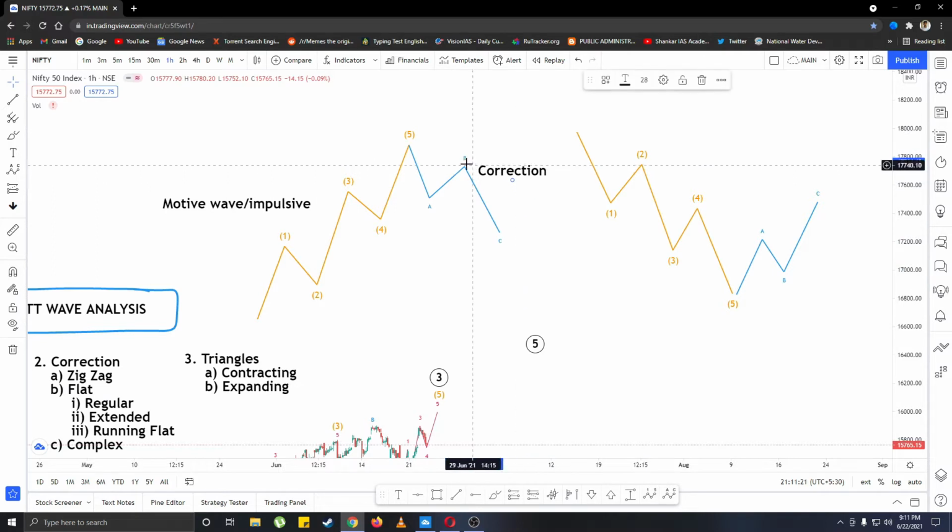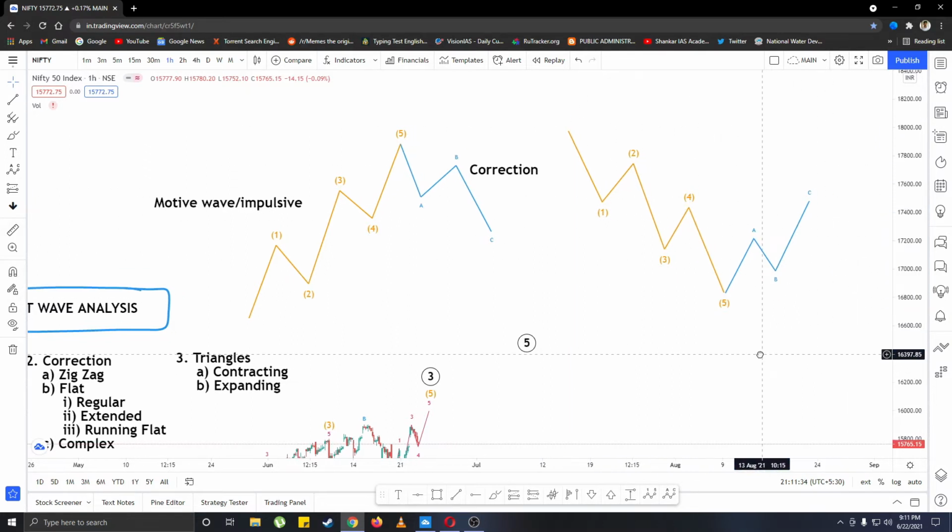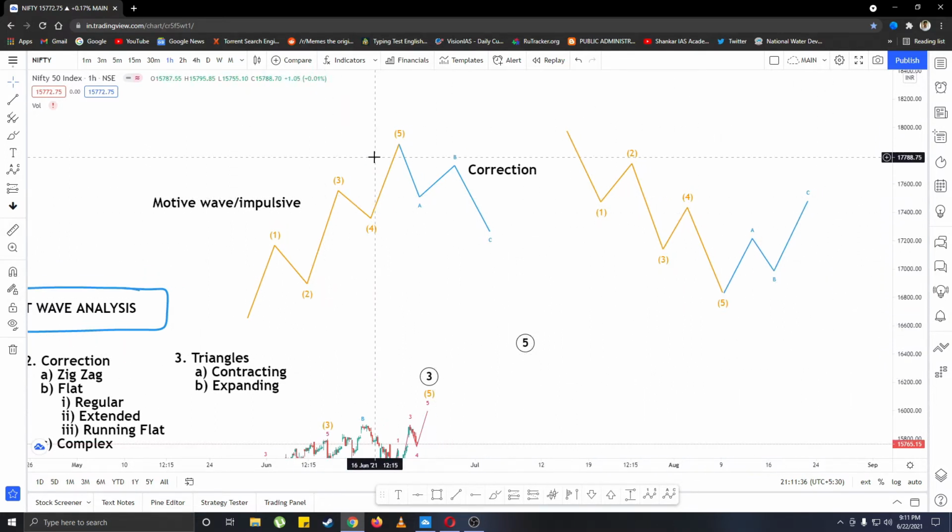In the bull market, the correction is to the downside, and in the bear market, the correction is towards the upside because the overall trend is to the downside. This is the basic of Elliott wave: 1, 2, 3, 4 and 5, followed by an A, B, C correction. This is for the bullish market, and this is for the bearish market. The 5-wave move is called an impulsive move or a motive wave, and the ABC is called the correction.